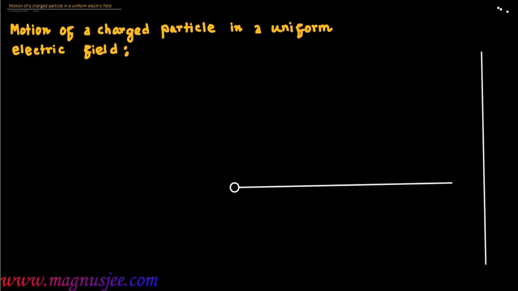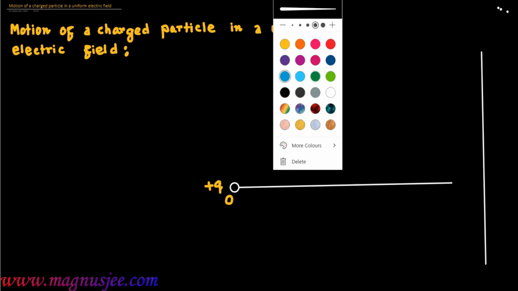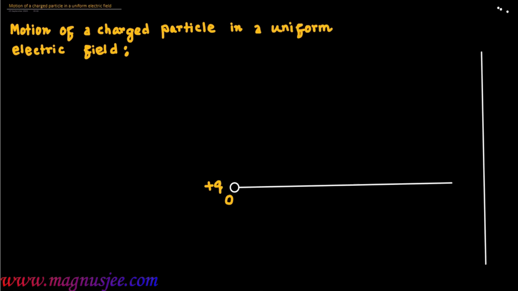So this is a positive charge, that is plus q charge, which is at the point A. At O, we have a positive charge, that is plus q charge, and which is moving with a velocity v in this direction with a velocity v.